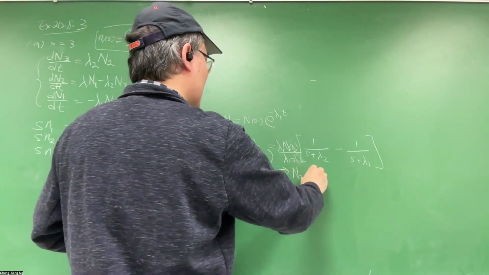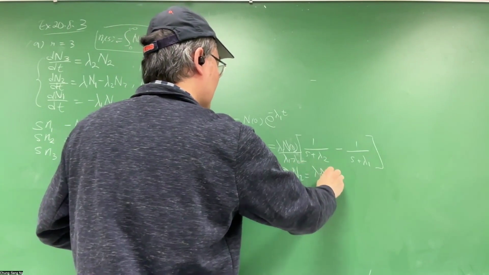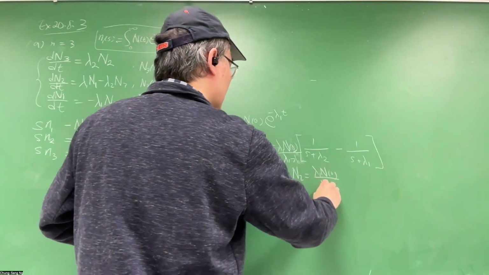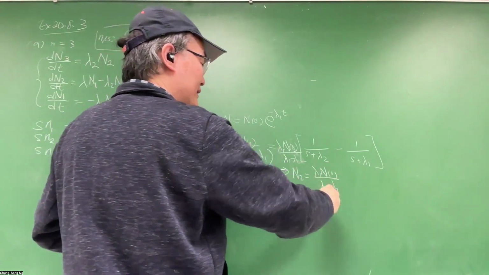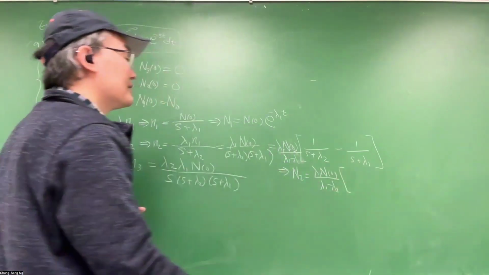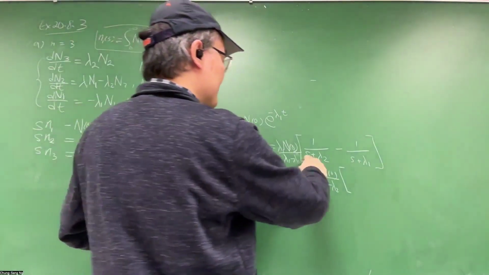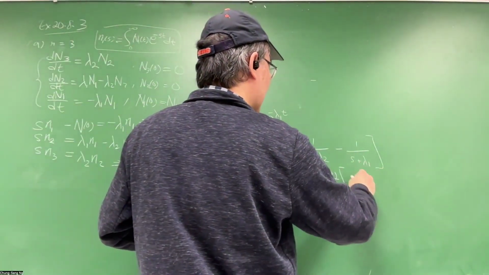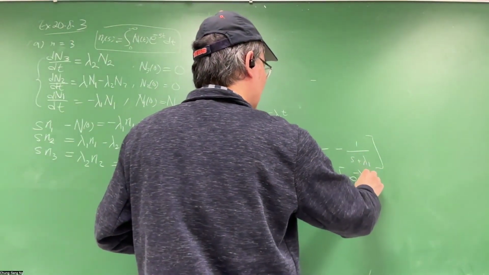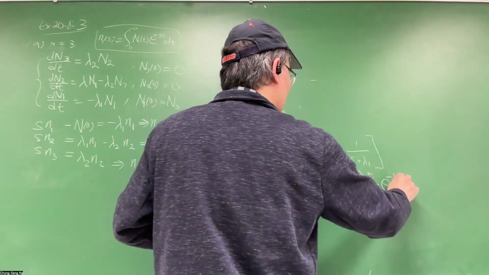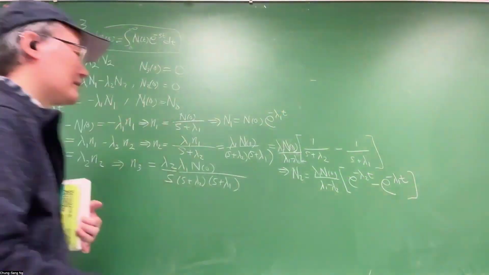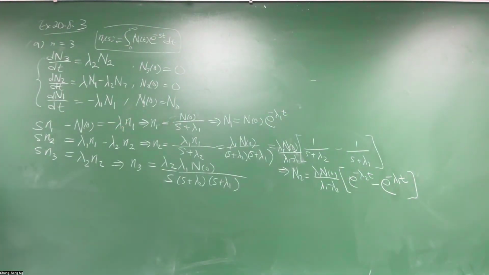And the coefficient is 1. Obviously, I assume lambda 1 does not equal lambda 2, right? Otherwise, you need to take a limit of that. And then the first term is e to the minus lambda 2 t. The second one is e. Right?